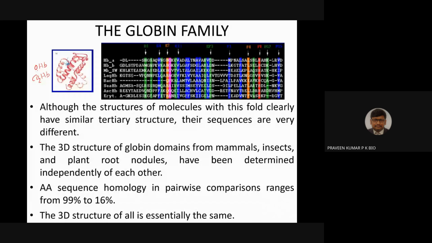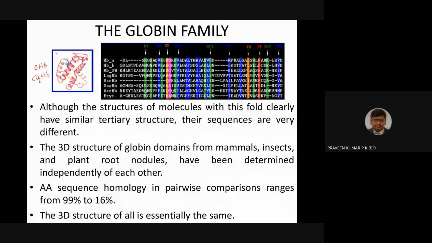So oxyhemoglobin has a different structure, and carbon dioxide hemoglobin has a different structure. But the structures look similar; the sequence variation you can find. So hemoglobin has multiple chains. We have oxyhemoglobin, carboxyhemoglobin, and myoglobin, and these proteins are generally found in mammals.